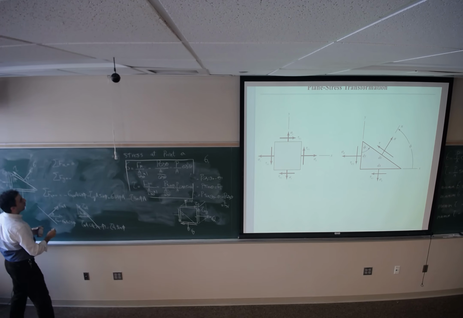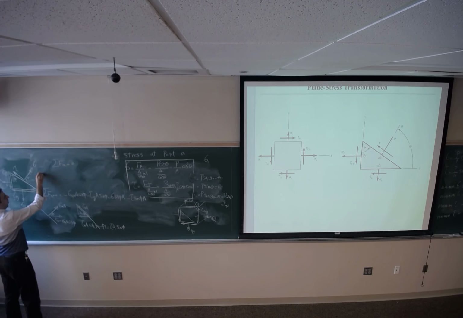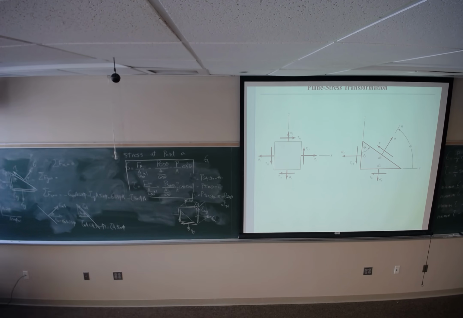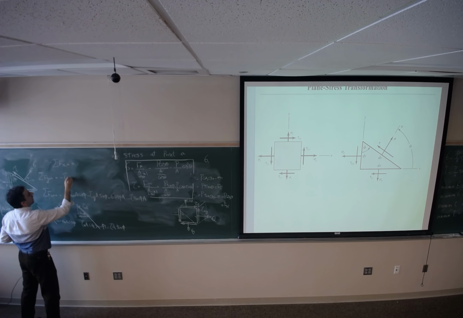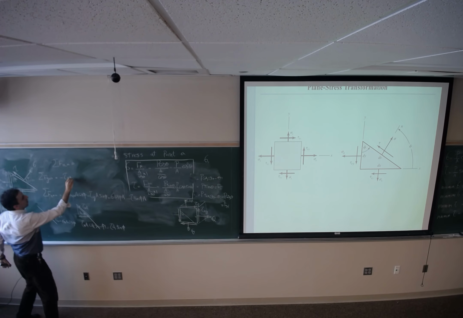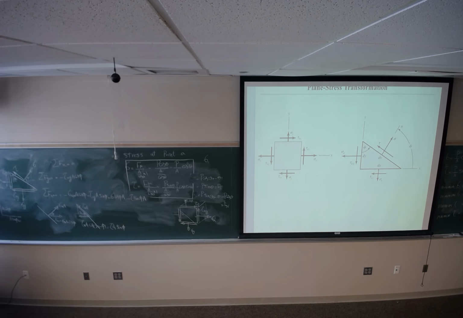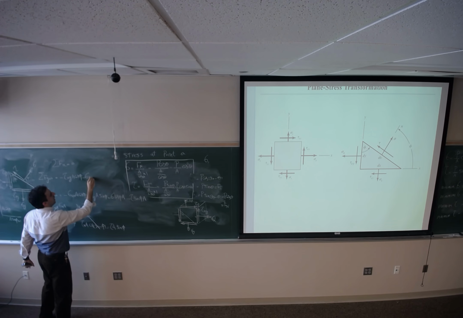This is for the x direction. For y direction, I do have tau xy going downward, negative tau xy. The area is A cosine of phi. What else? I have sigma y going downward, sigma y A sine of phi.